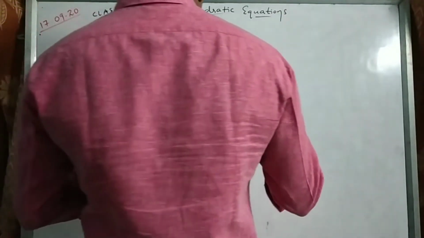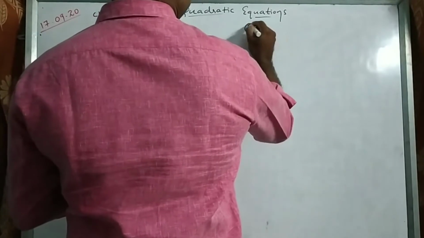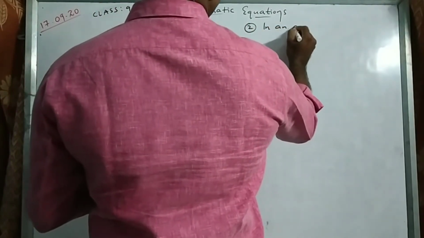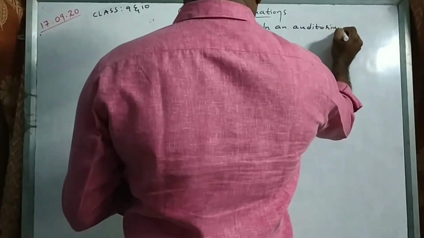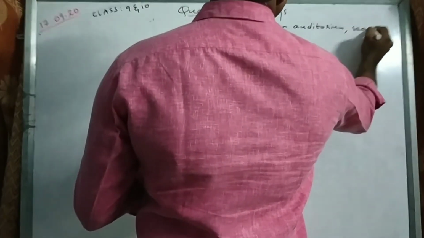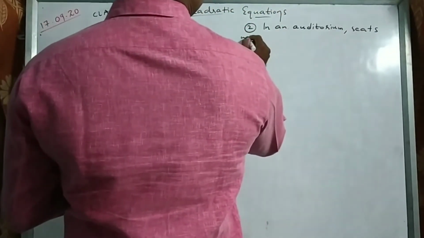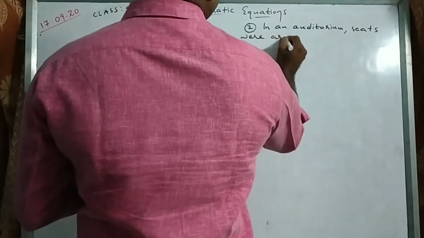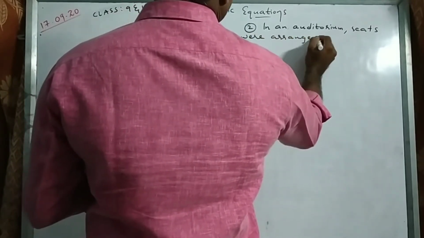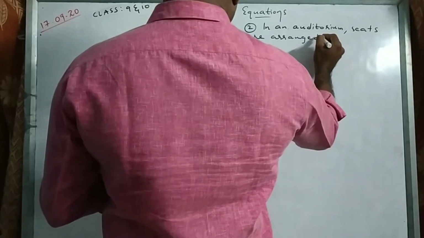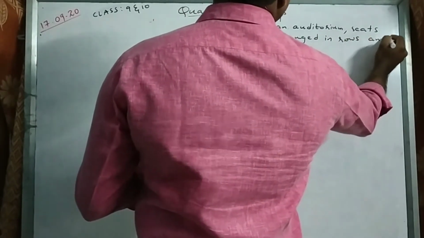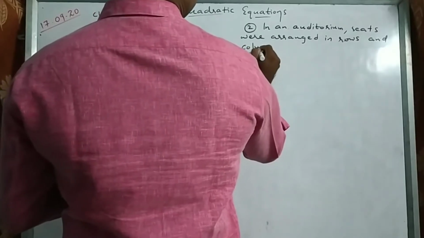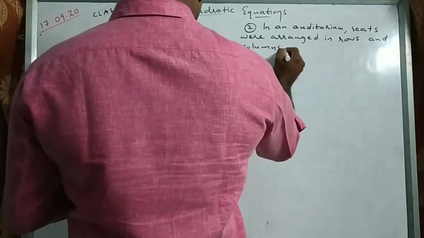In an auditorium, seats were arranged in rows and columns.